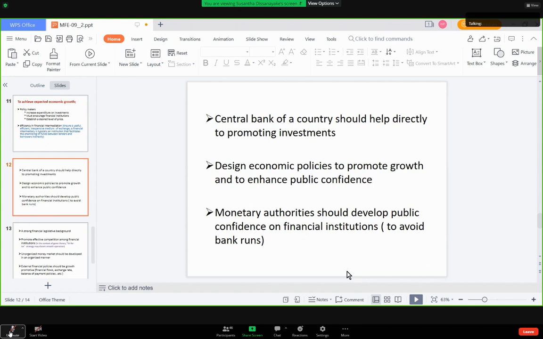In that case, the public has confidence in the central bank as well as in all the financial institutions. So the customers or public try to save more and more with the financial institutions. The monetary authority should develop public confidence in financial institutions, as I discussed, to avoid bank runs.